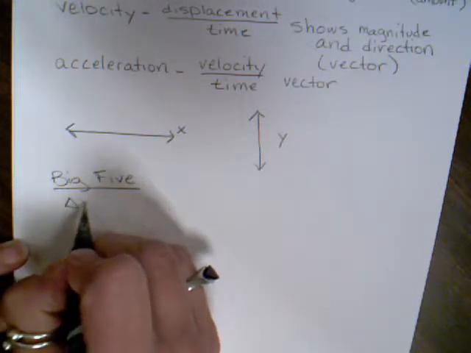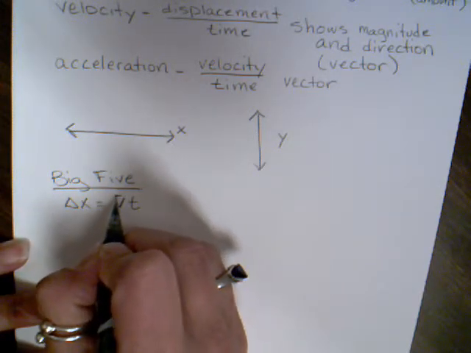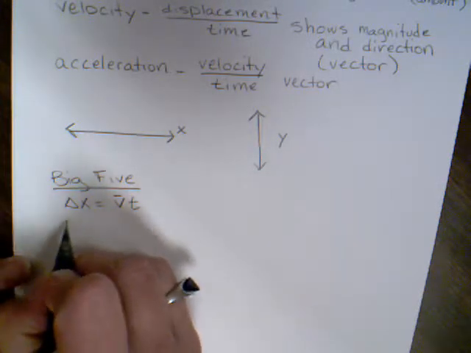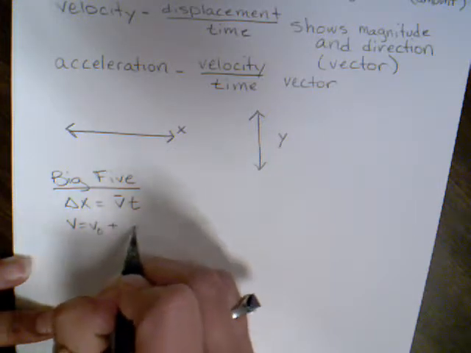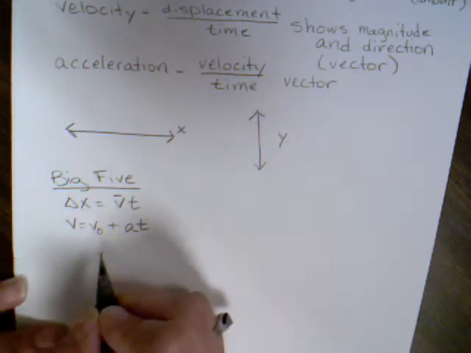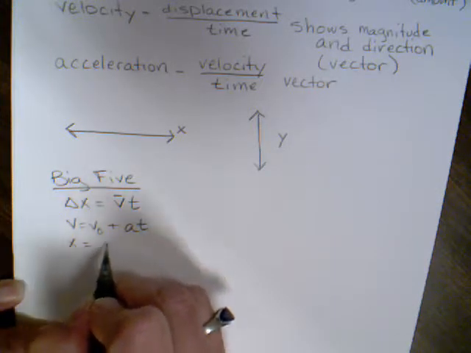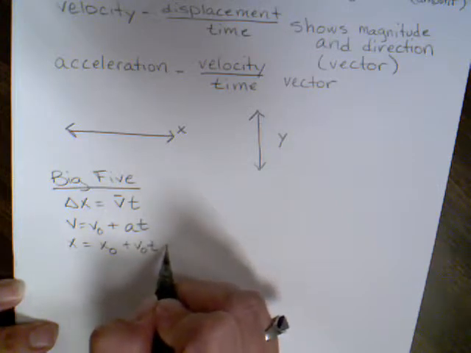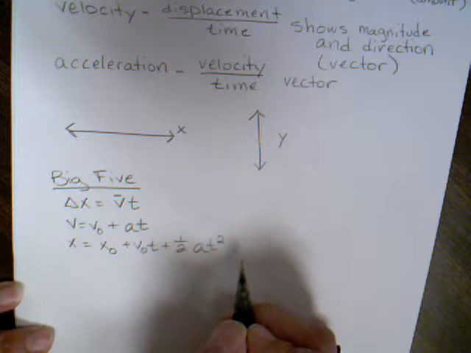The first one is change of x equals vt. The second one, v equals v naught plus at. Then we have x equals x naught plus v naught t plus 1/2 at squared.